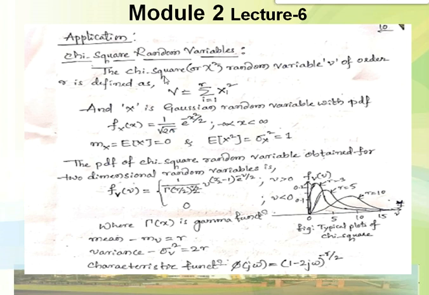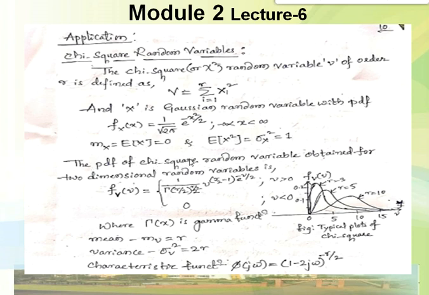Here we have a chi-square random variable V of order r, so V is given by the summation i equal to 1 to r of Xi square. X is the Gaussian random variable whose mean m_X is 0 and E of X square is 1.